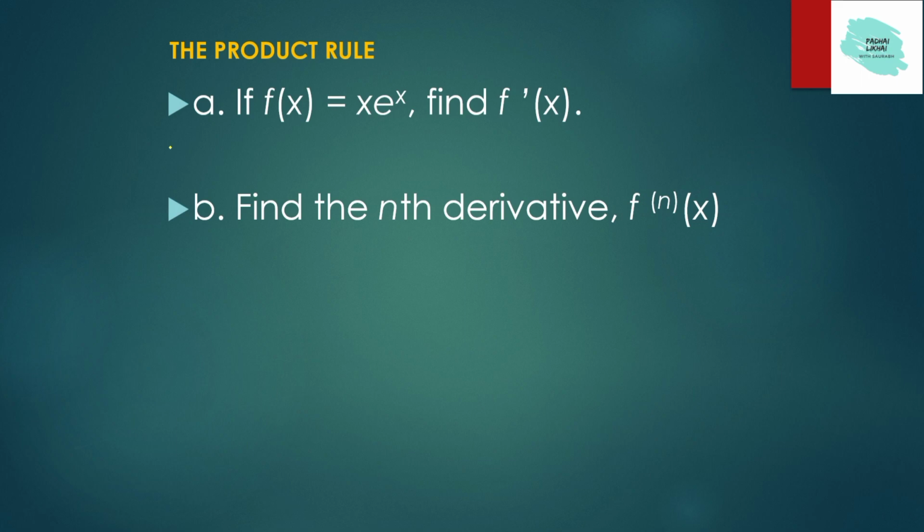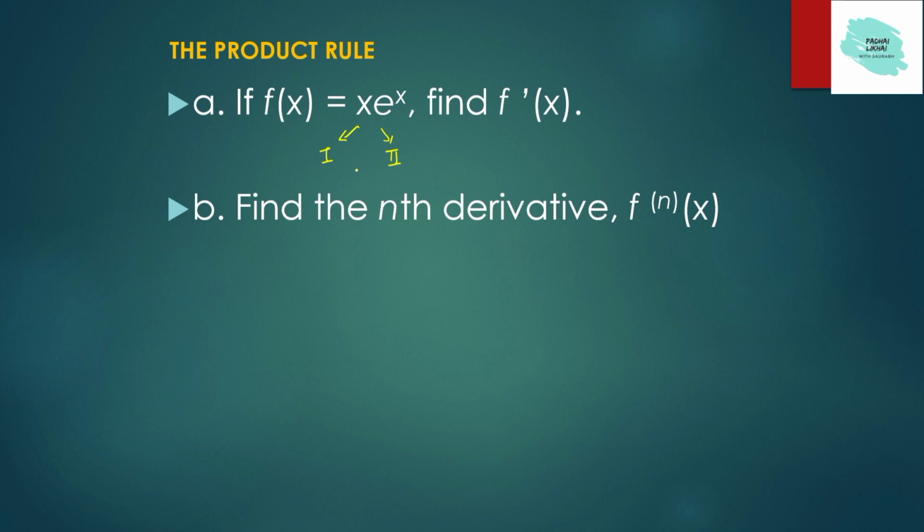We move to another example of differentiating the product of different functions. In this example, the first function is x and the second function is e^x. Now we have to find the first derivative.